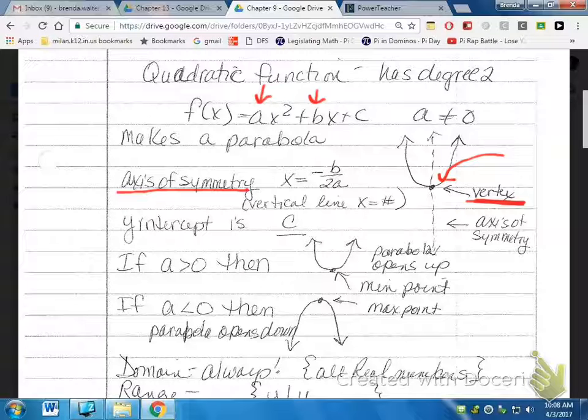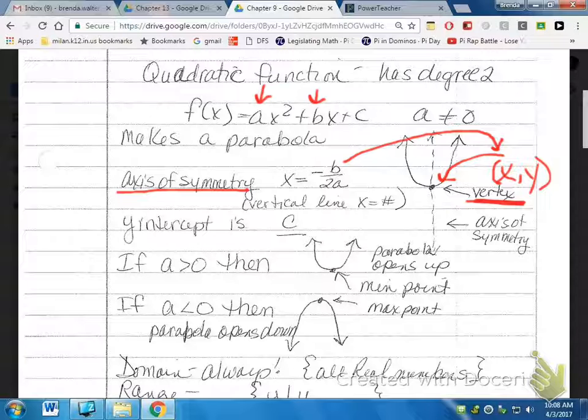The vertex point is where the axis of symmetry hits the parabola. Okay, so we'll talk about how to get that also as we go through this. So that vertex would be an ordered pair. So it'll be an x number and a y number. Whatever the axis of symmetry value is, that would be the x value in that point.